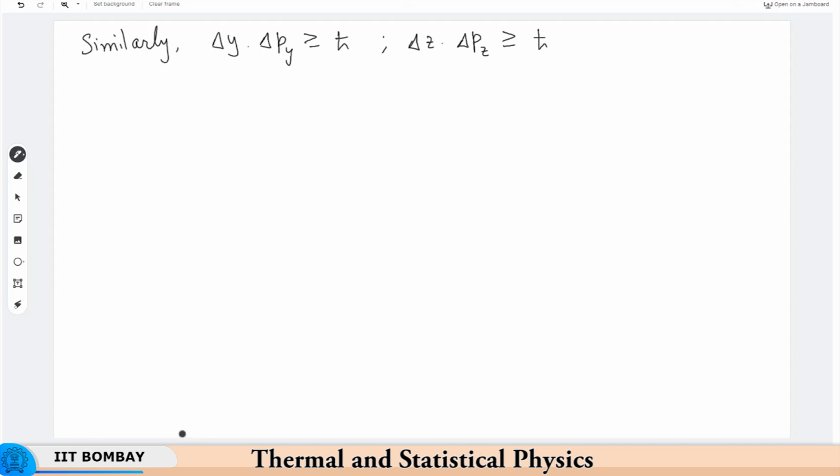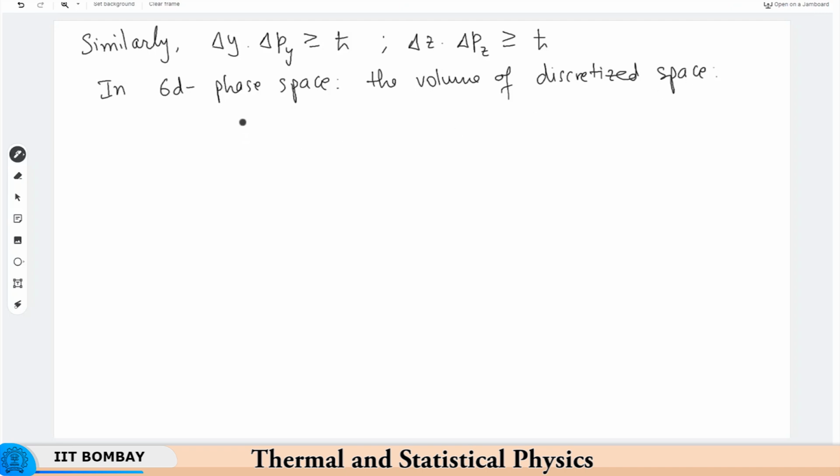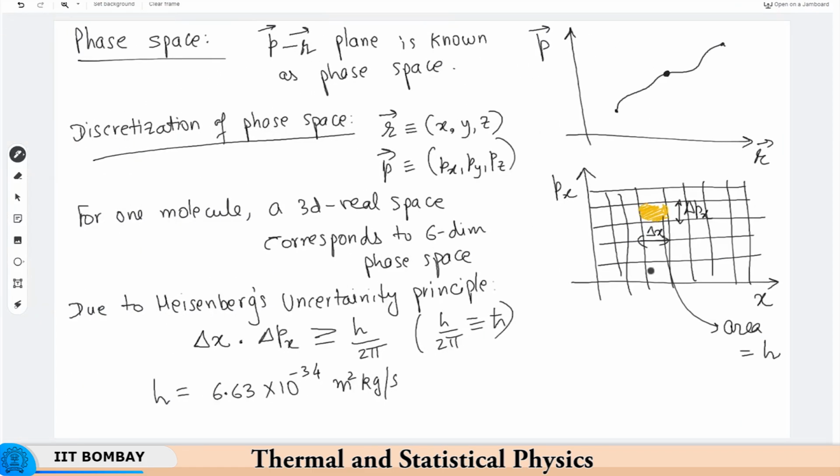So, in a 3-dimensional real space, which is equivalent to a 6-dimensional phase space, the volume element, the minimum volume of the discretized space, is delta x delta px times delta y delta py times delta z delta pz, and this is greater than or equal to h cross cubed. So at any given point, say I prepare a system where the momentum varies from 0 to p and the position coordinate goes from 0 to r.